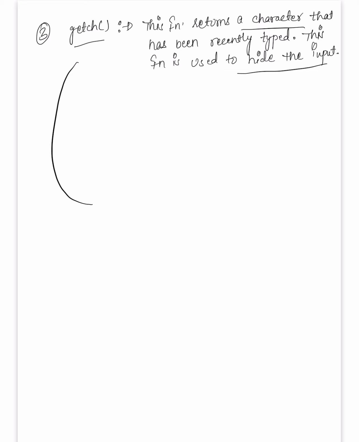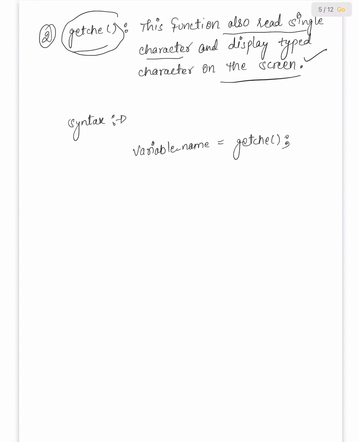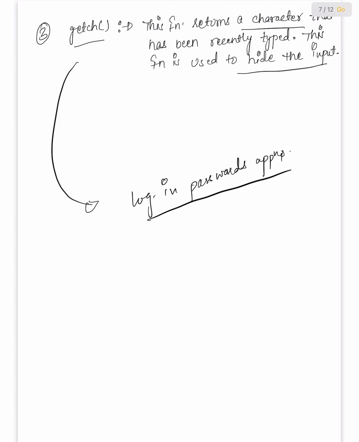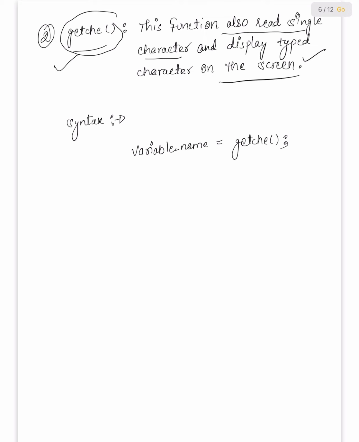So we can say this function will be used for login password applications. These three functions, getchar, getche, and getch, are used for reading a single character at a time. The difference is that the getch function will hide the input, while the getche function displays the typed character on the screen at the time when you are reading the character.